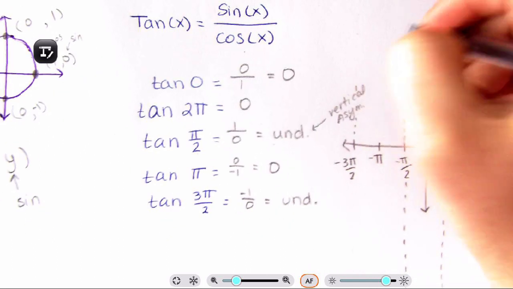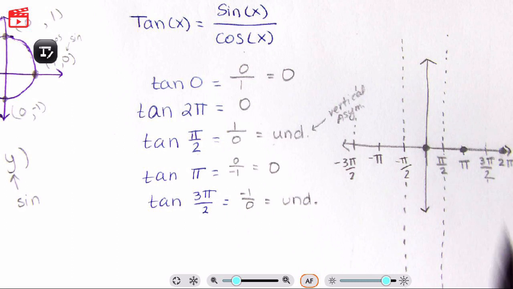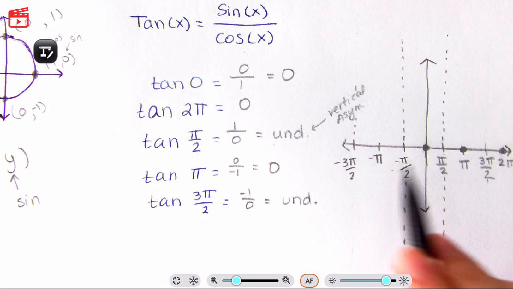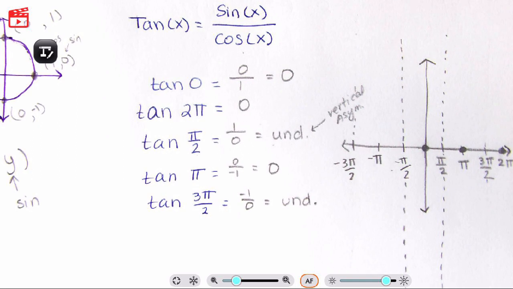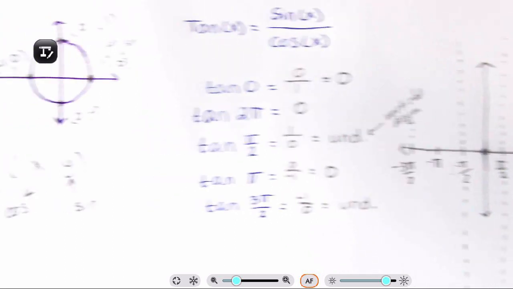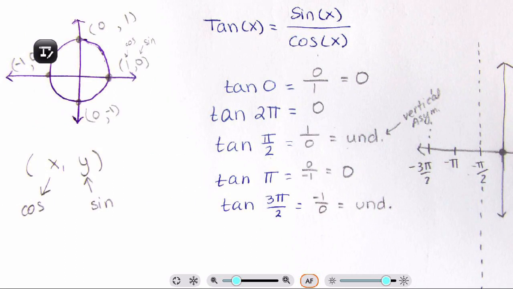So you're going to have 2 asymptotes, so pi halves, negative pi halves. And then we also need to know where our points are, so 1 and -1. So what you're going to see is this, and it's wonderful.